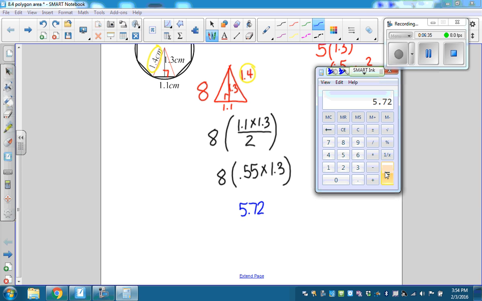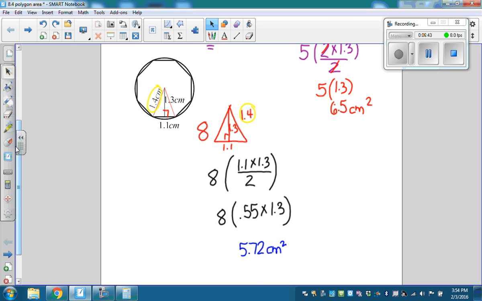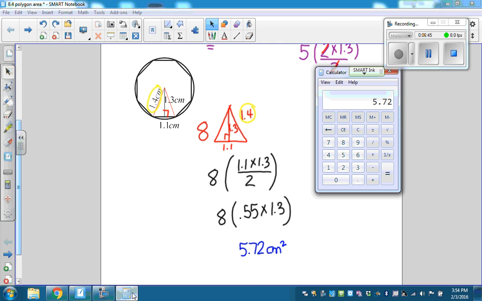centimeters squared. One thing that you can do, and we should check our work all the time, well, to check your work, you can obviously do it by multiplying 1.1 times 1.3, then dividing by 2, then times 8, and get the same answer.